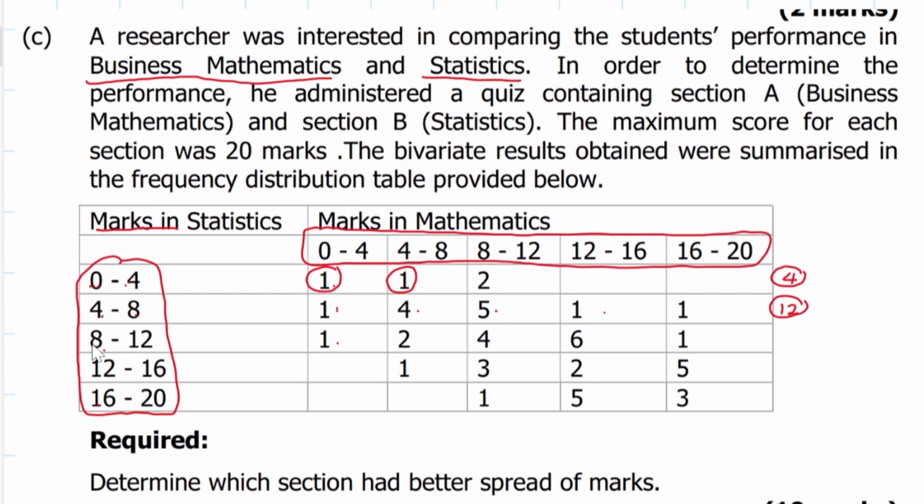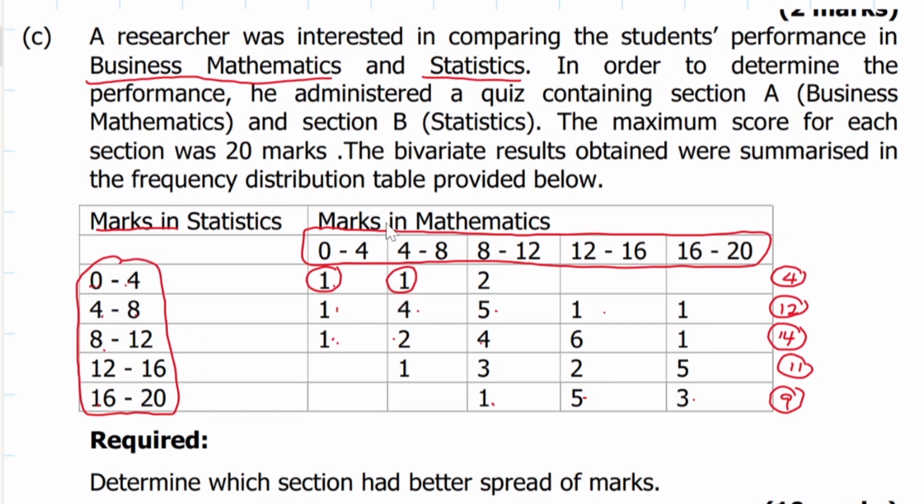Those who got between 8 to 12 in statistics, that is 6 plus 4 is 10, 12, 13, 14 people. Then those who got between 12 to 16, 3, 4, 6, that's 11 people. Then those who got 16 to 20 marks are 9 people. That is 5 plus 3, 8 plus 1, 9. That is as far as statistics marks are concerned.